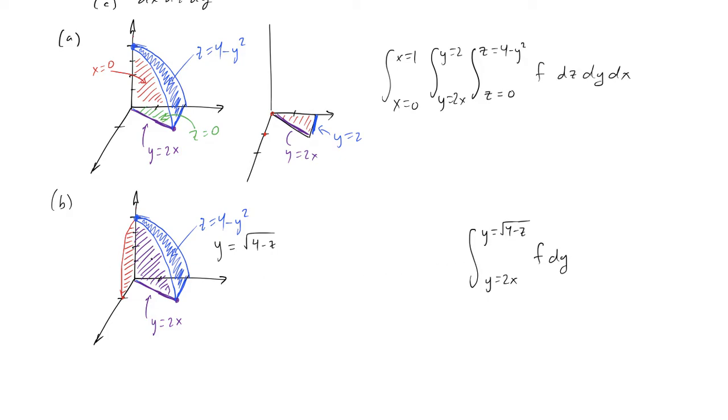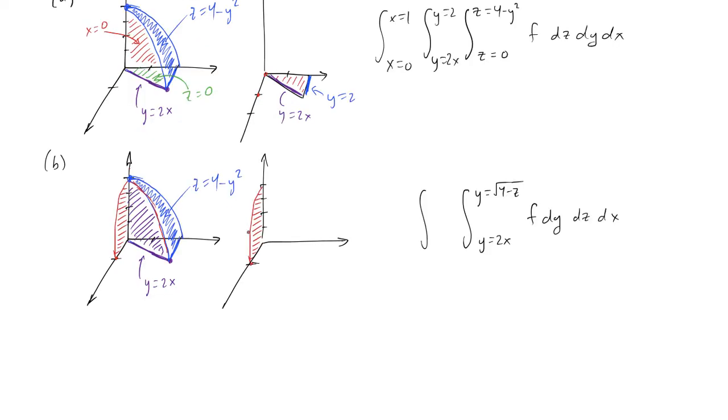Okay, two surfaces, the purple surface, which is the lower one, and the blue surface, which is the upper one. So now we're in this xz plane. The upper bound here is the intersection of z equals 4 minus y squared and y equals 2x. So this is going to be 4 minus 4x squared.